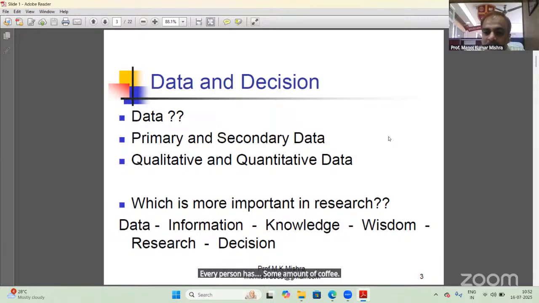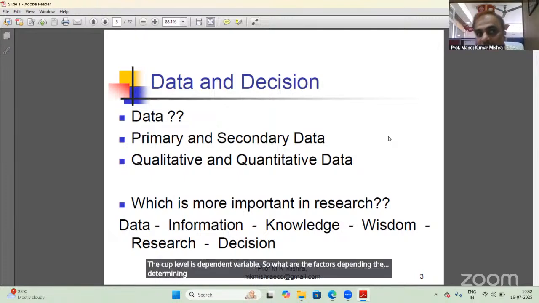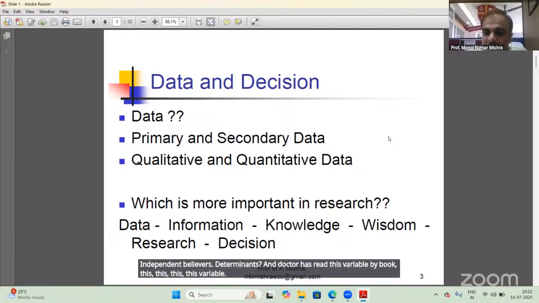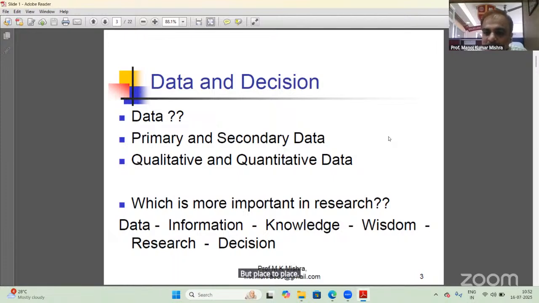The cough level is the dependent variable. So what are the factors determining the cough level? These are the independent variables, the determinants. The doctor has read these variables from books, but from place to place some other variables are also included. So the doctor tries to collect this data.